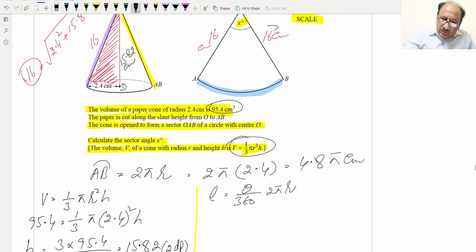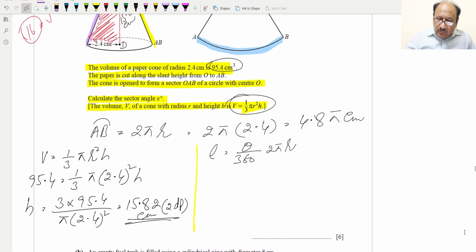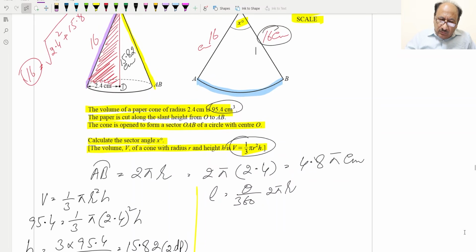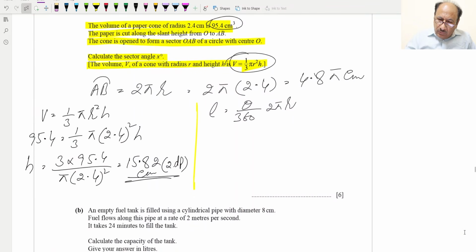We are applying it on this one, so r will be 16, and the length is the AB length we have already calculated, which is 15.08. 15.08 will be this arc length.